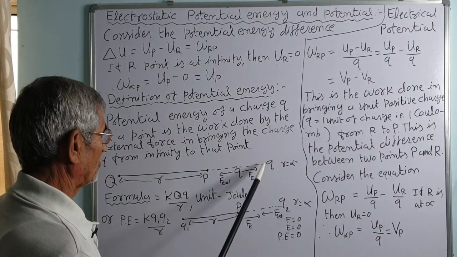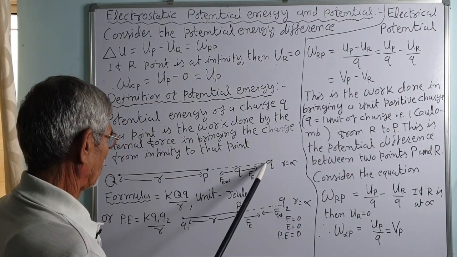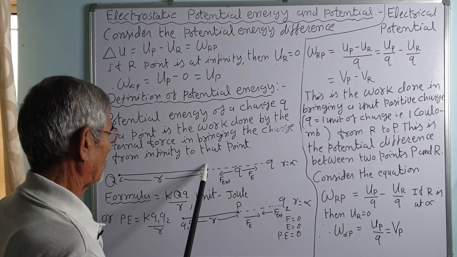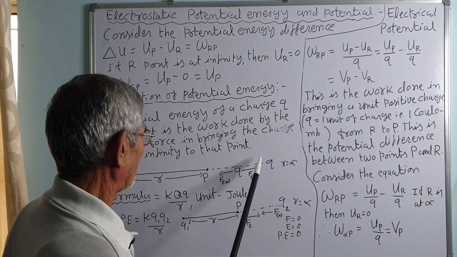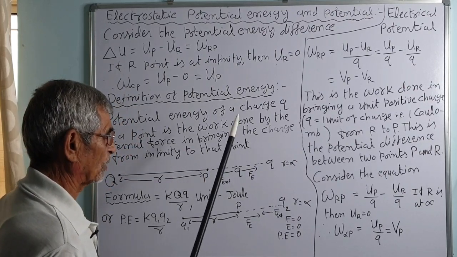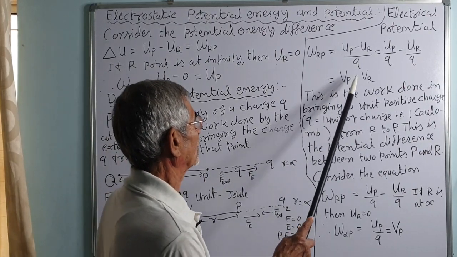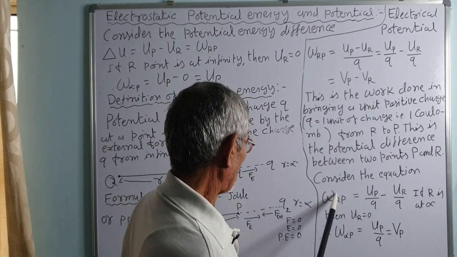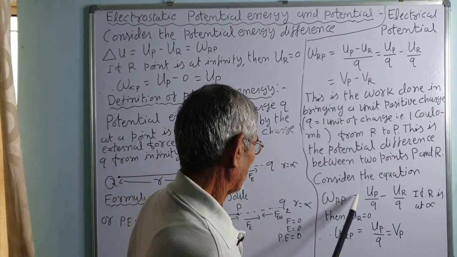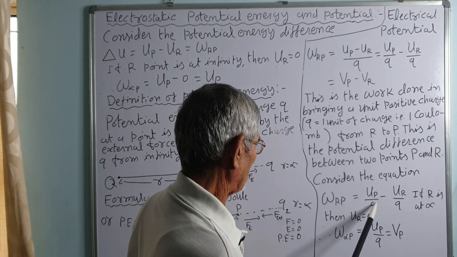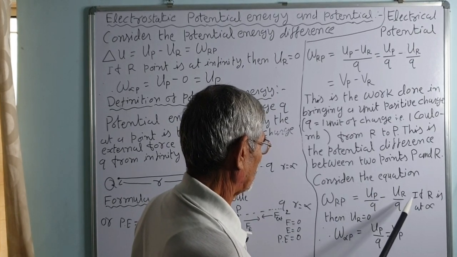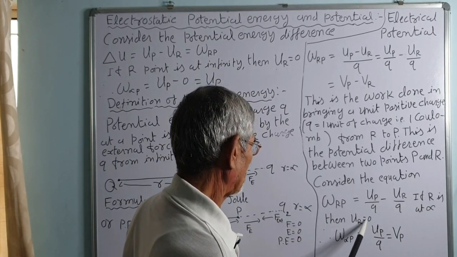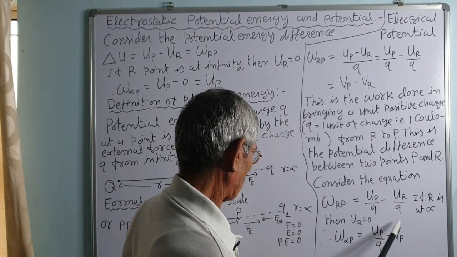So, if we bring the unit charge from this point to this point, the work done will be equal to the potential difference, that is Vp minus Vr. If we bring the charge Q, then work will be Q times the potential difference, that is (Vp minus Vr) times Q. So, work done in bringing the charge from R to P is equal to UP upon Q minus UR upon Q. If R is at infinity, UR is 0, so UR upon Q will be 0.